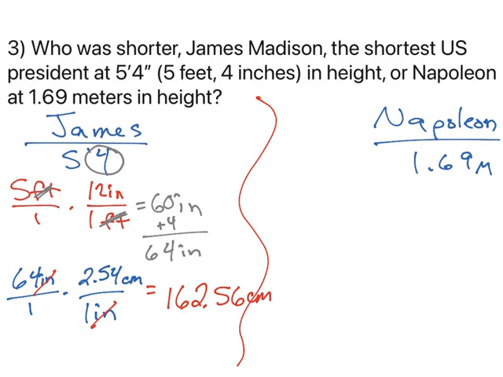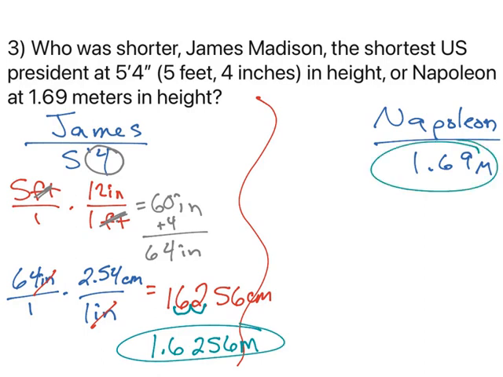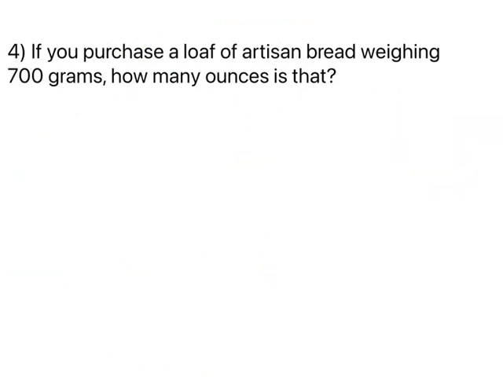To change centimeters to meters, I simply move my decimal to the left 2 places. So 1.6256 meters. So now I can compare meters to meters. Who is shorter? Well, 1.62 is shorter than 1.69. So President James Madison is shorter.